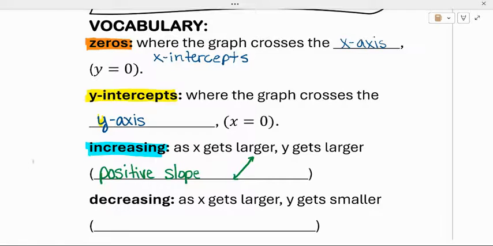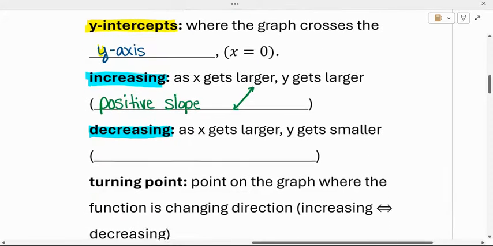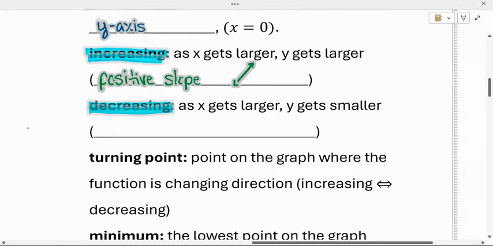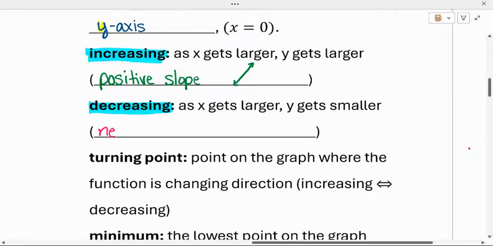If a graph is decreasing, so as x gets bigger, y gets smaller, that means you're going to have what kind of slope? Yes, negative slope. So negative slope looks like this.